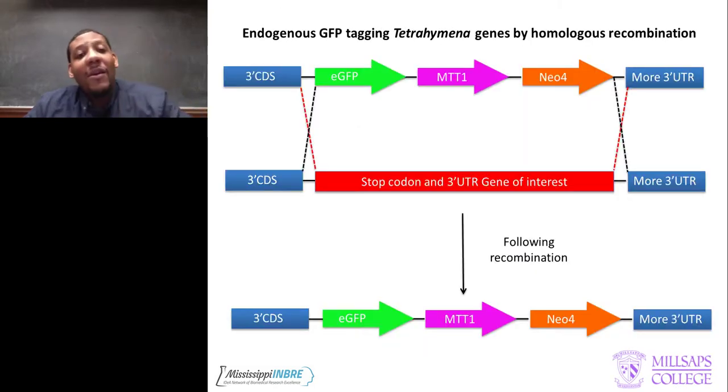And what we hope will happen is that if we flank this particular cassette with DNA near the Reticulon gene, in this case, if we're trying to tag it, the very end of the 3' coding sequence on one side, and then the 3' untranslated region on the other, that we can then add the EGFP, MTT1, and NEO4 to the very C terminus of that particular gene, the 3' end of that particular gene, through homologous recombination.